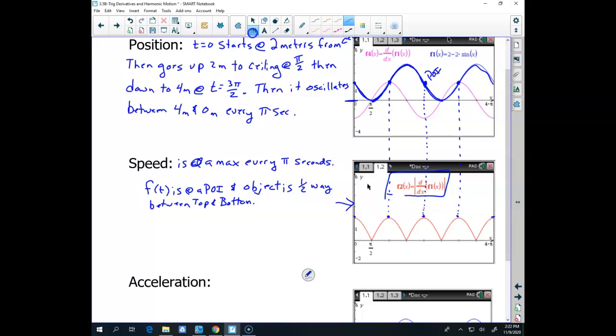And when at 0 and top, meaning bottom, minimum, maximum of position.